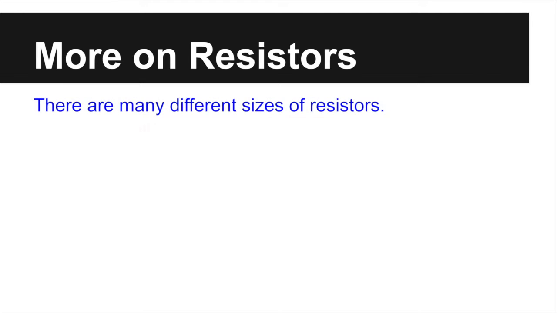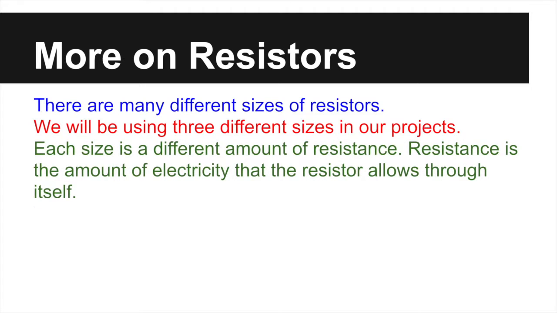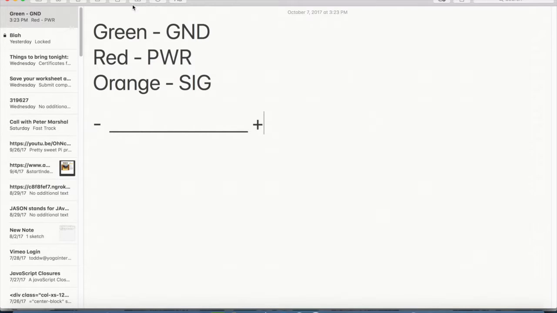Now, what do they do? Well, first, we have to talk about different sizes. Resistors come in all different sizes, okay? And pretty much we're just going to be using 3 different sizes in our projects. We're going to be using 330K, 10K, and 1K.